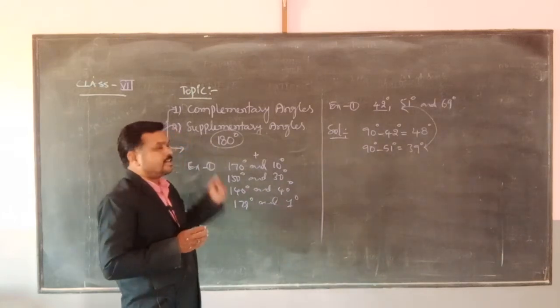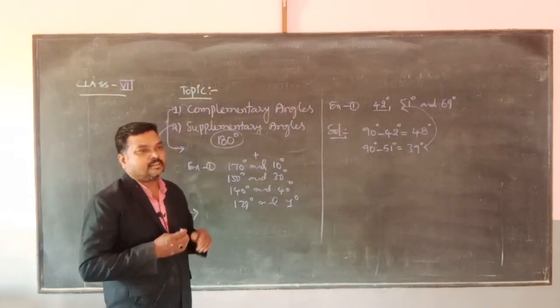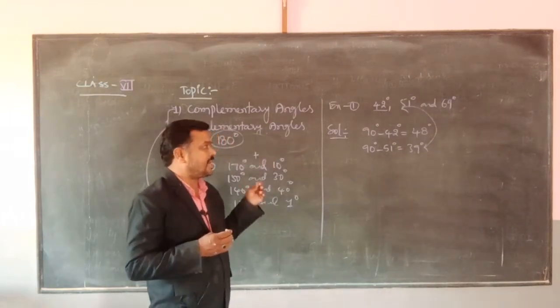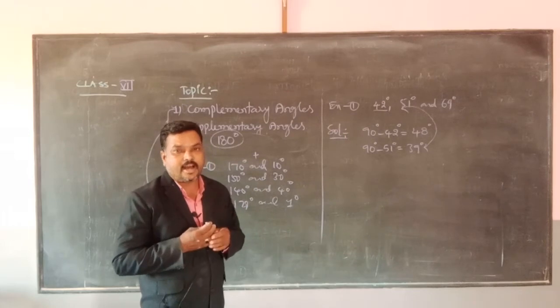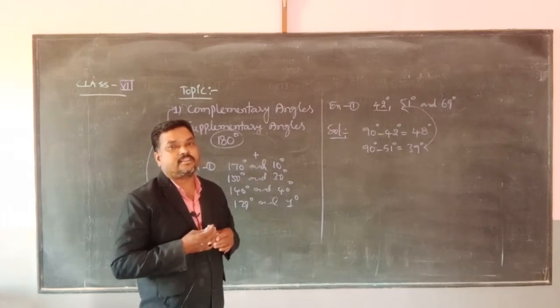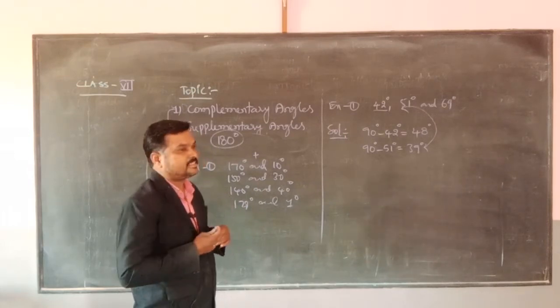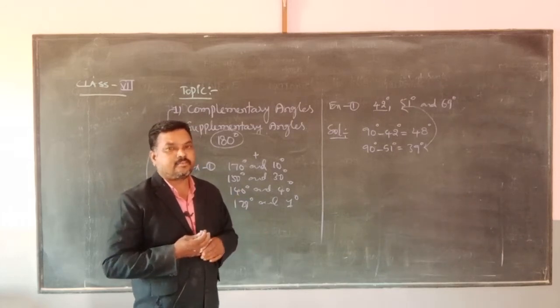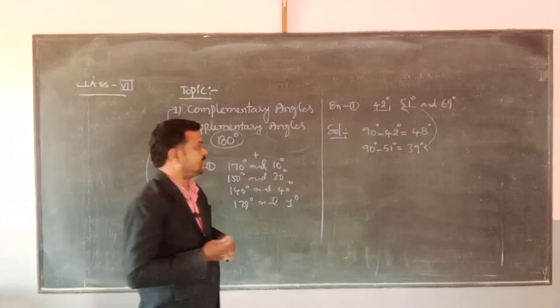Then on this concept the questions are the same way as for complementary angles. Here they give some angles, and we have to find the supplementary angle of the given angles. Just subtract from 180 degrees and we get the supplementary angles.